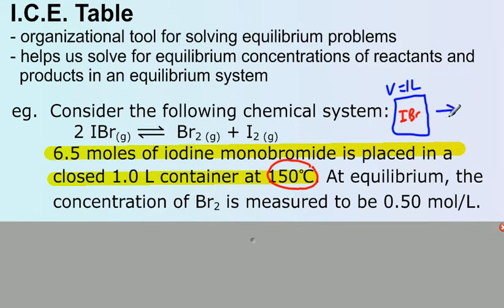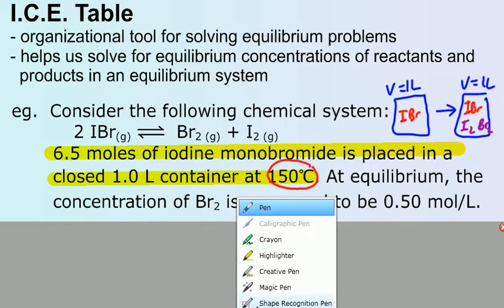If we leave this and some time passes and we come back, we'll see that there will be some IBr present because it's an equilibrium system, but we'll also find some iodine and some bromine in there. So this reaction is going to happen inside that container, and over time what's in the container changes. The volume's still 1 liter, of course.